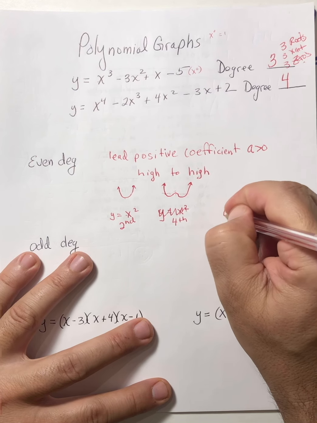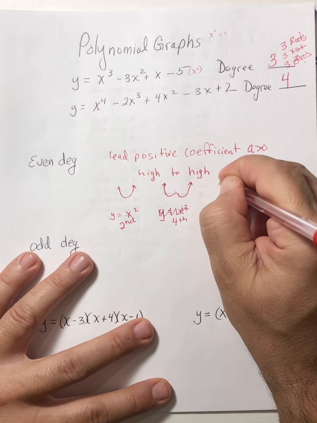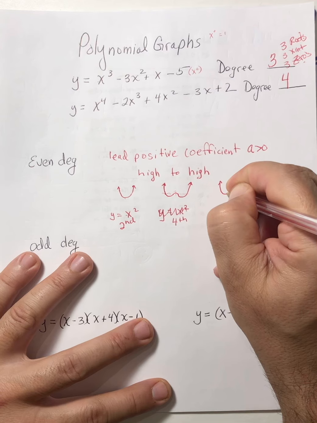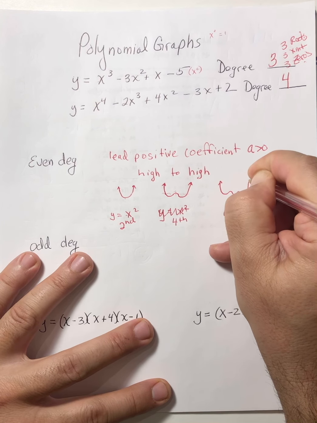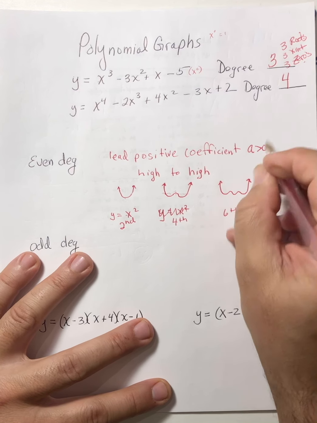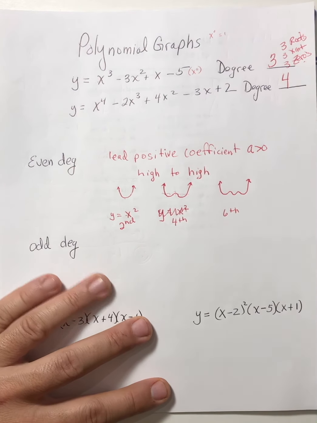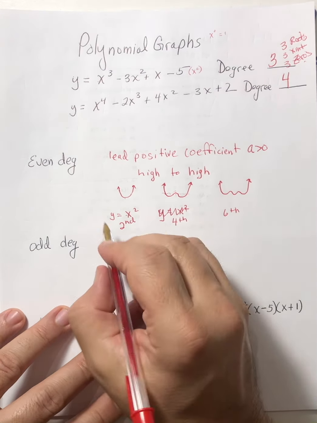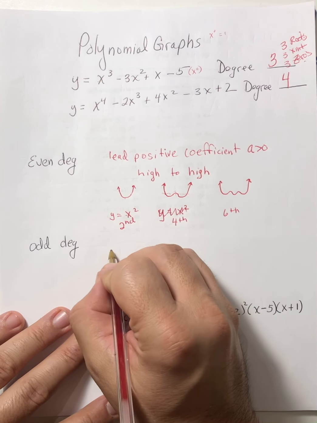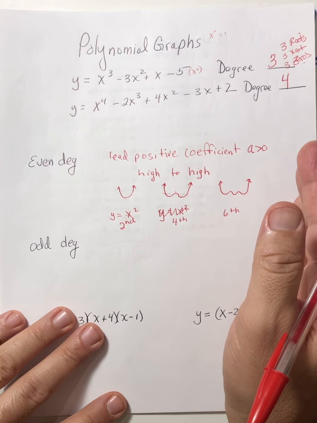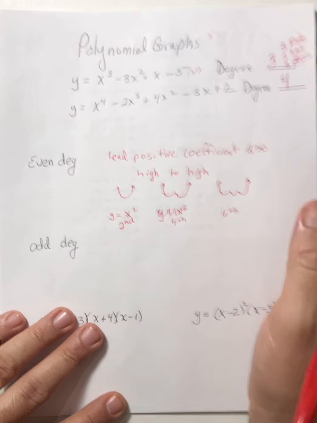And then, right, a 6th degree, I mean, starts high, does its squigglies in here, and then finishes high, as long as the lead is positive. So high to high.